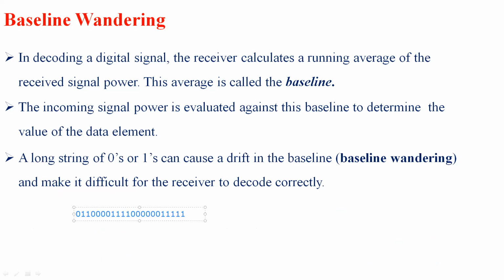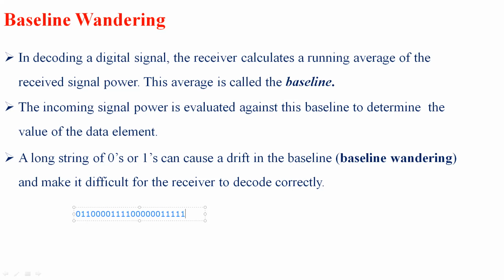This eventually causes a drift in the baseline. So what is the baseline? The baseline is the average of the received signal path. If the received signal has long strings of zeros and ones, at that point it causes a drift in the baseline. This drift is called baseline wandering.